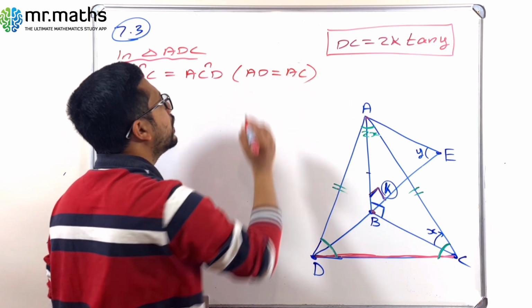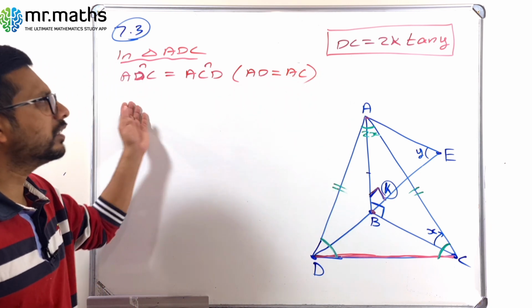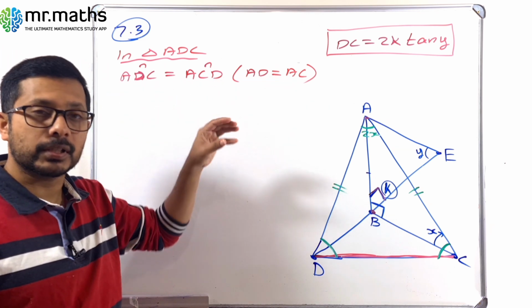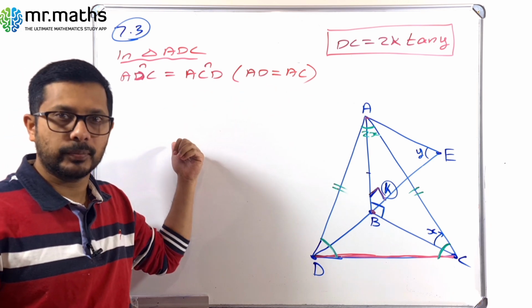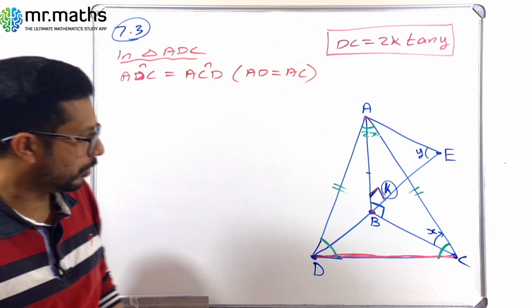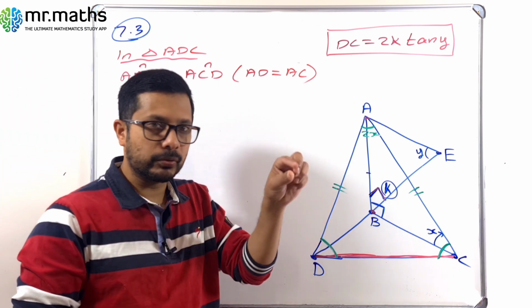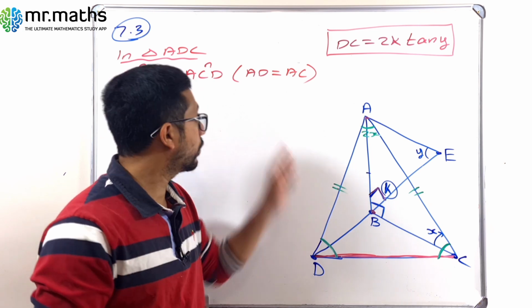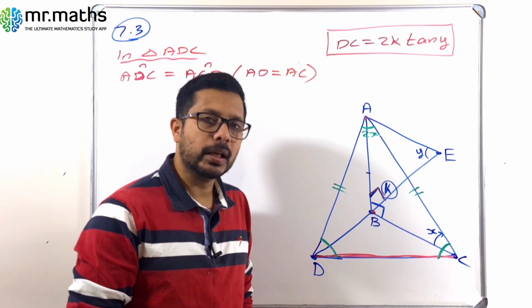Here the reason is not that important because this is not Euclidean geometry, but anyway just write AD is equal to AC, or if you want to write correctly, what is the correct reason? Angles opposite to equal sides. Am I right? Maybe it's not a big thing in trigonometry, but when you write your Euclidean geometry, you must write the correct reason. Angles opposite to equal sides, not like this. So anyway, these two angles are equal.